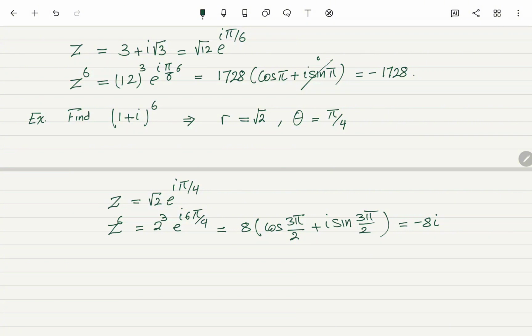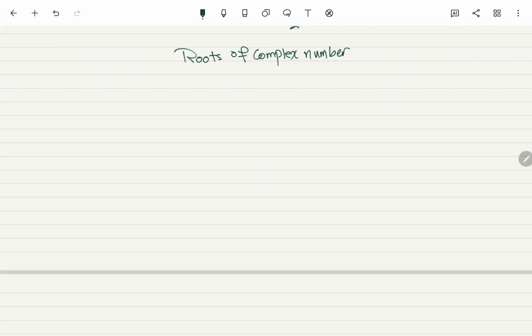Now, the roots of a complex number are almost the same as the power of complex numbers, with some modifications. As we defined, z equal to r e to i (theta plus 2m pi), and remember m equal to 0, plus minus 1, plus minus 2 and so on.